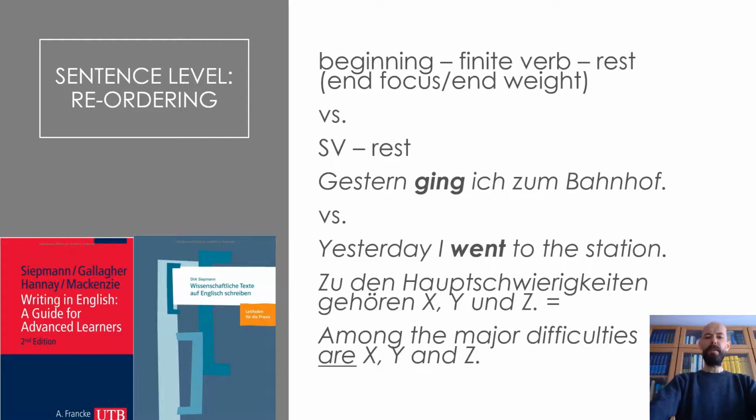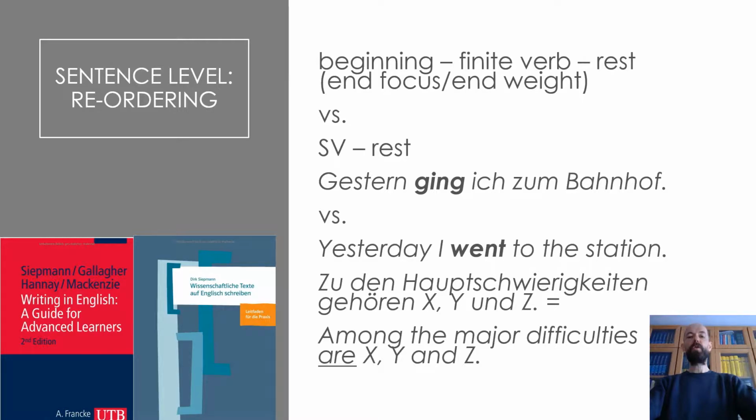Let's look at a fairly simple example of reordering, but sometimes people get this wrong. The general difference between German and English in word order at the sentence level is that German starts with any kind of element, which I call the beginning here, and this needs to be followed by the finite verb, and then what follows is the rest of the sentence.